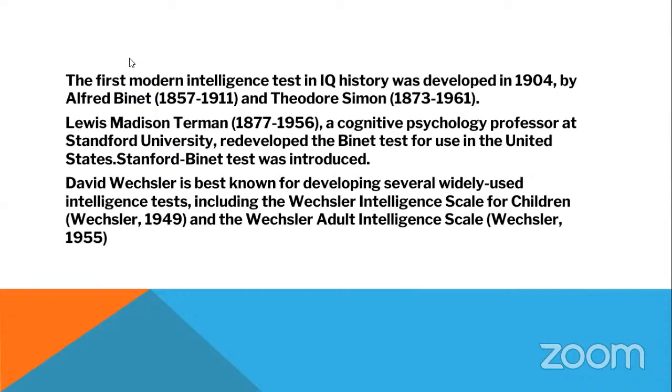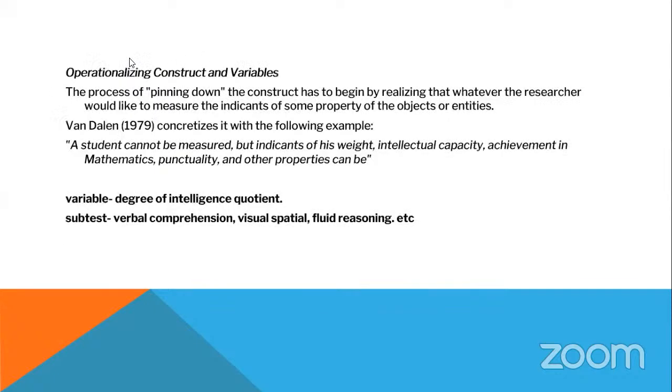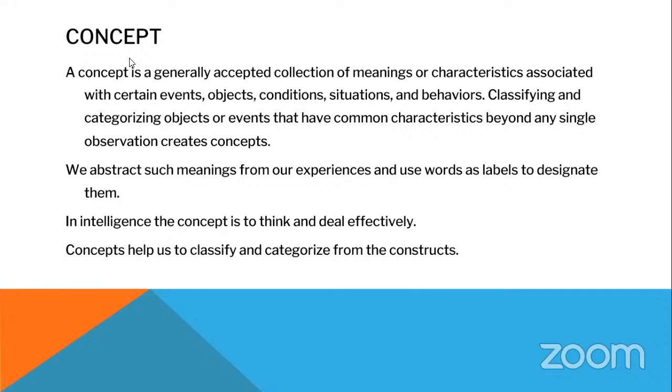We classify it, give meanings to it, and try to test it. So construct is wide, and in concept we try to understand the construct in small areas. Is it clear? Yes, ma'am. Thank you.